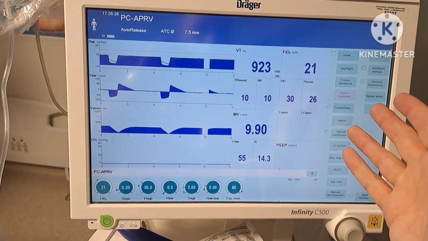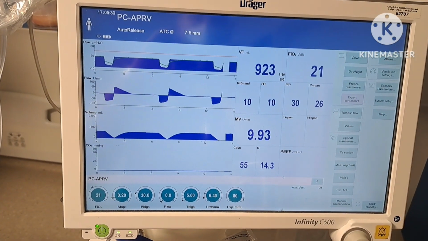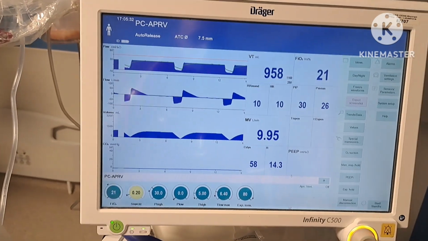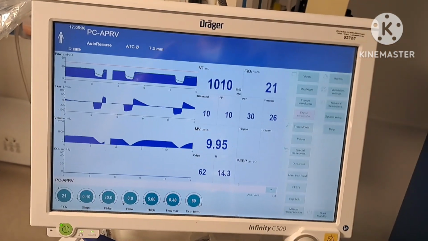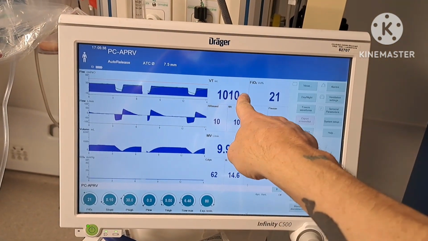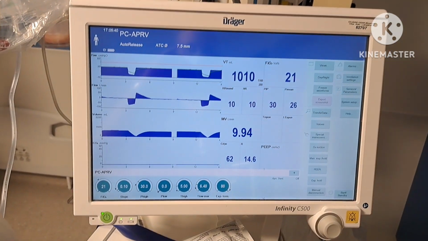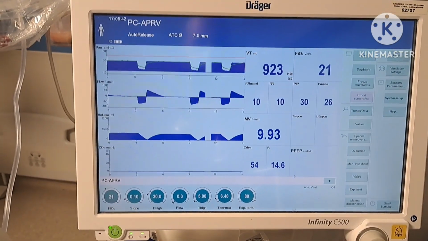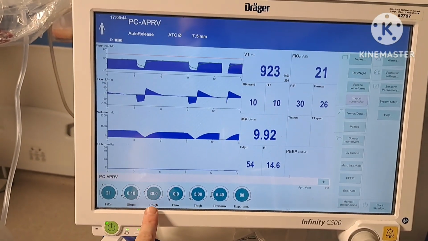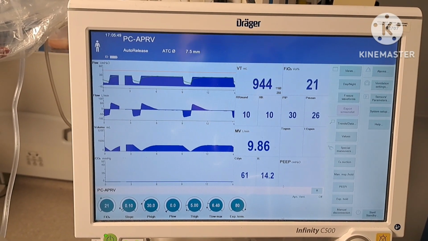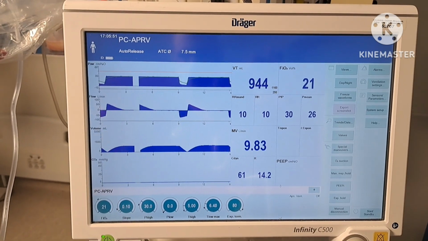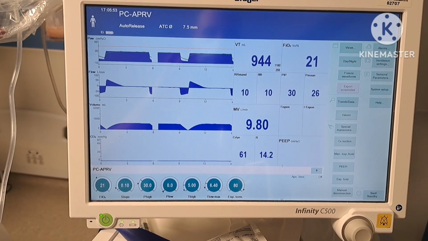So if you have normal blood gases, then just make the slope ramp up quicker. And that usually lowers the tidal volume if you're uncomfortable with it. That way you can stay with the 30 and you're getting closer to volumes that are not going to be of concern. So perfect.